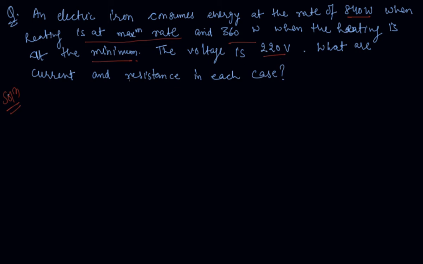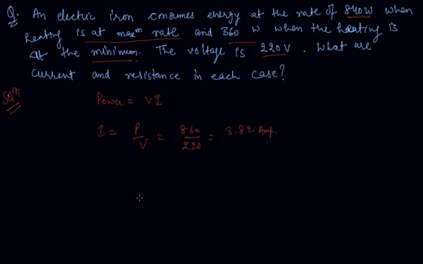What are the current and the resistance in each case? We are given the power input P equals VI. In the first case, we have to find I, and we know P and V. So it is 840 upon 220, which comes out to be 3.82 amperes of current flowing through the circuit.